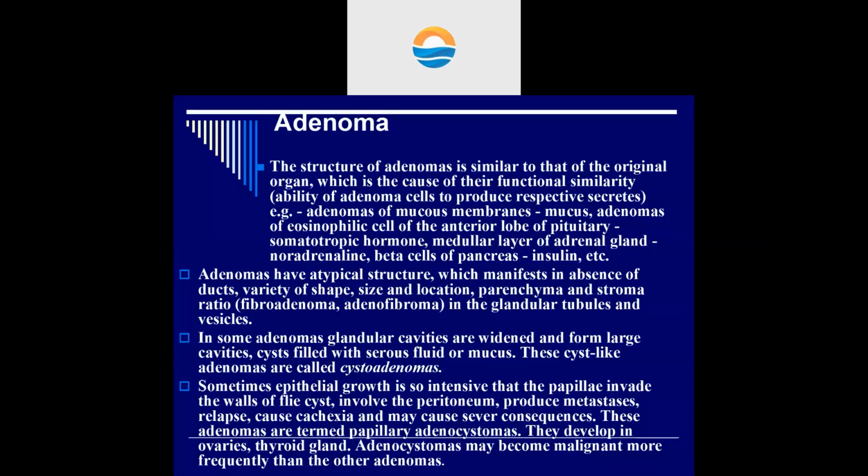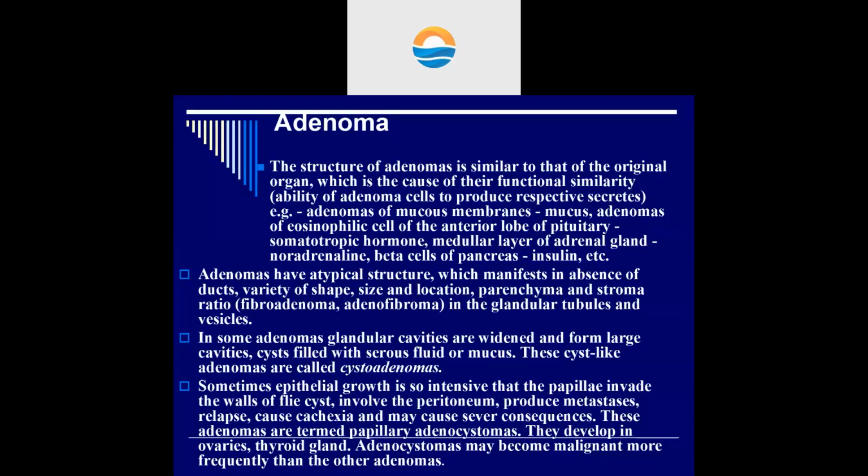So in case of adenoma of mucous membrane, they can produce mucus. Adenomas of eosinophilic cells of the anterior lobe of the pituitary gland can produce somatotropic hormone. The medulla layer of the adrenal gland can produce noradrenaline, beta cells of pancreas, insulin, etc.